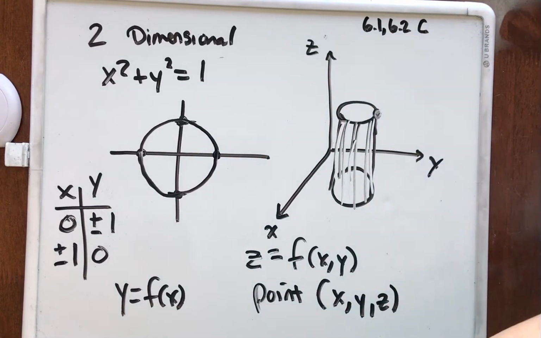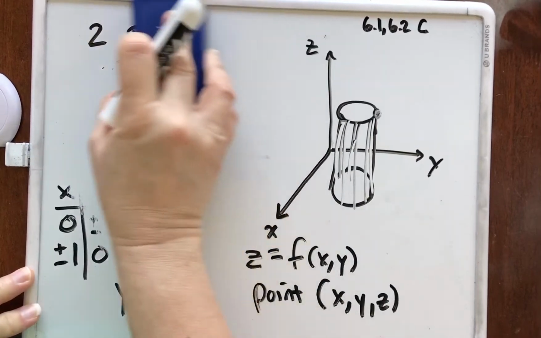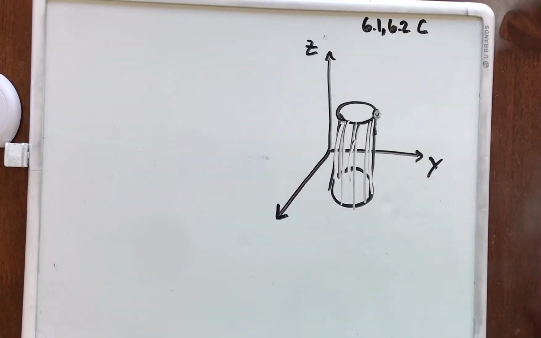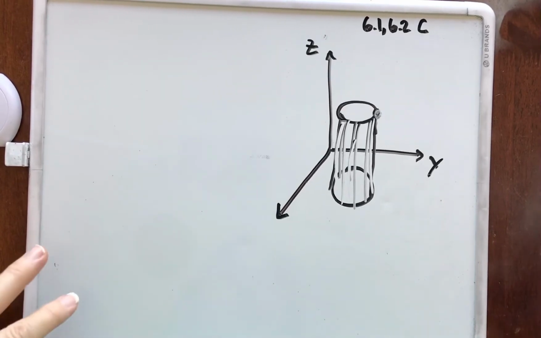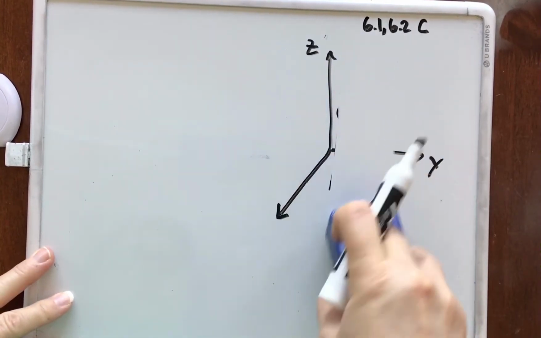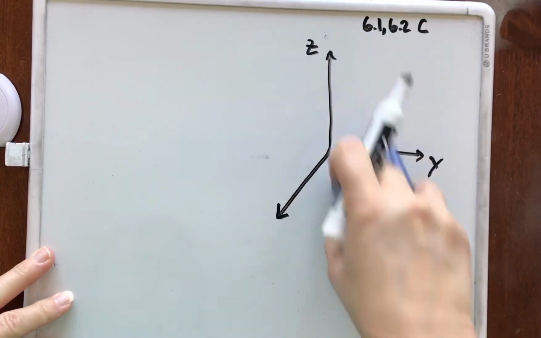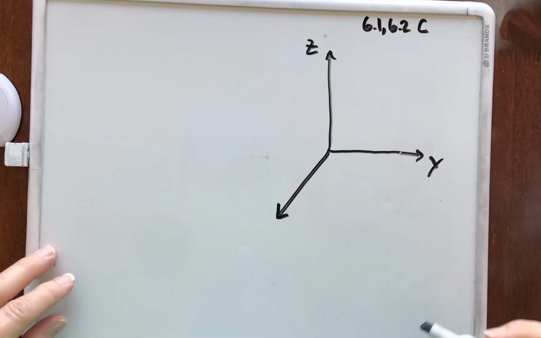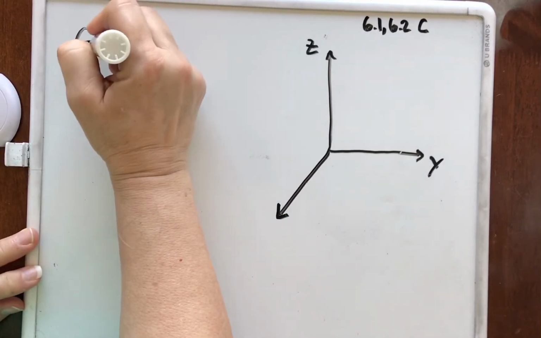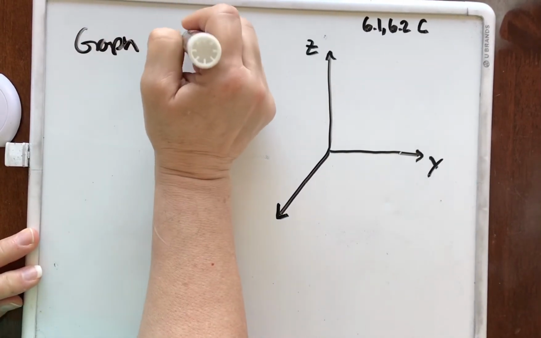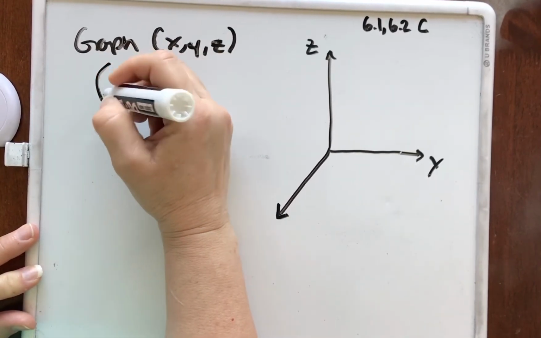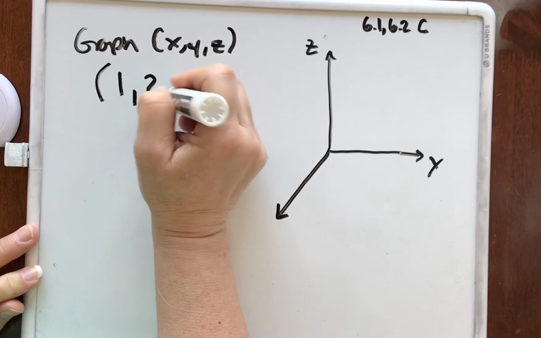Okay. So now I'm going to give you a three-dimensional graph that I'd like you to put the points on. I'm going to erase this right here. We're just going to graph a point. We're graphing an XYZ point. And I'd like you to try to graph right now on your graph 1, 2, 3.